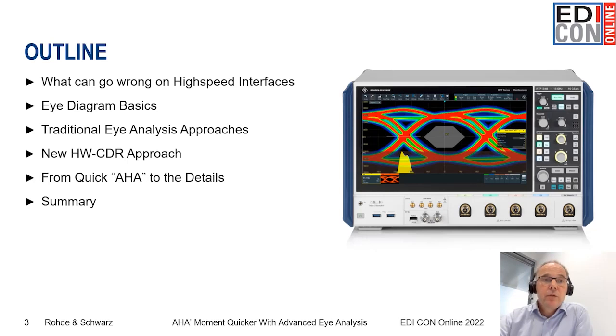Then I will review together with you some traditional eye analysis approaches before I then get to my main part to introduce to you a new approach where we use a hardware clock data recovery. In the following, I would like to show you how to get from a very quick approach to the very details of a measurement, and I will finish with a quick summary.